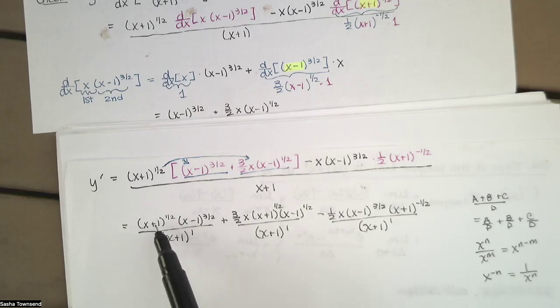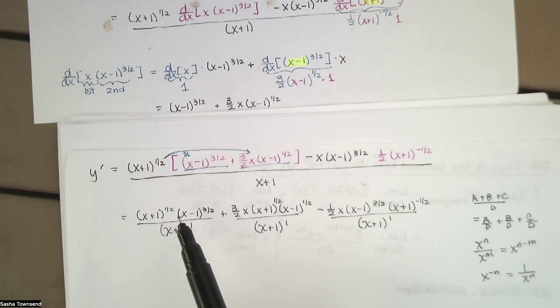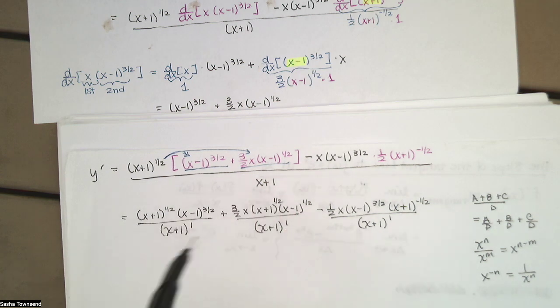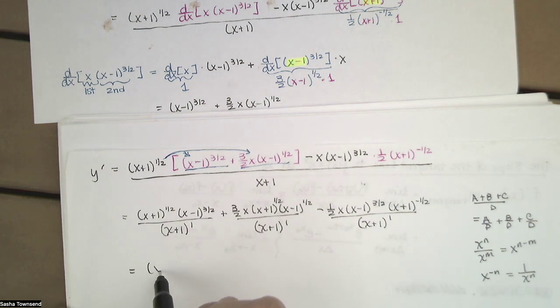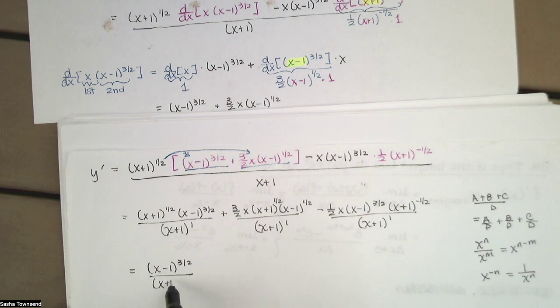We're going to have x plus 1 to the 1/2 minus 1, which is negative 1/2. Now, since it's a negative 1/2, that would be x plus 1 to the positive 1/2 in the denominator. So that first term is going to be x minus 1 to the 3/2. And then this divided by this is going to give me an x plus 1 to the 1/2 in the denominator.